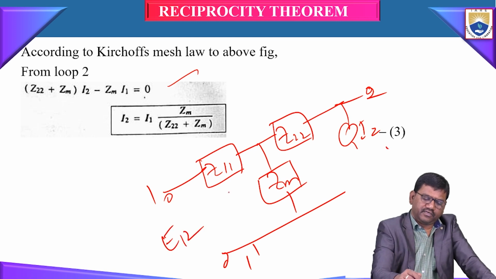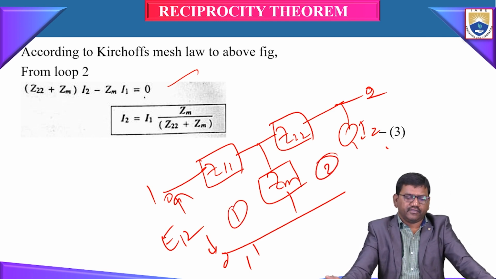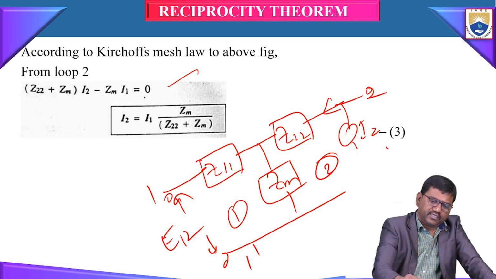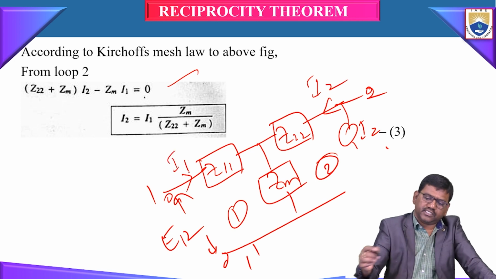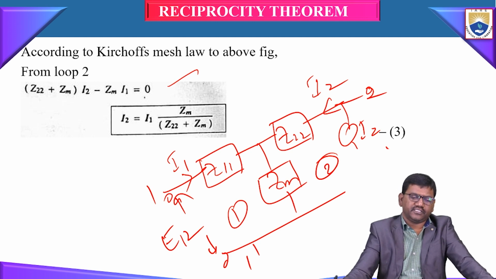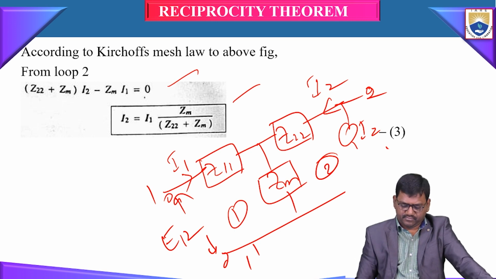We are applying E12 at these two terminals, and this is one loop, this is the second loop. For the second loop, we can write the equation from loop 2: Z22 into I2, the current supply will be in this direction, here I1, I2. So Z22 I2 plus Zm I2 minus Zm I1 is equal to 0. From this equation we can write simply I2 is equal to I1 into Zm by Z22 plus Zm.